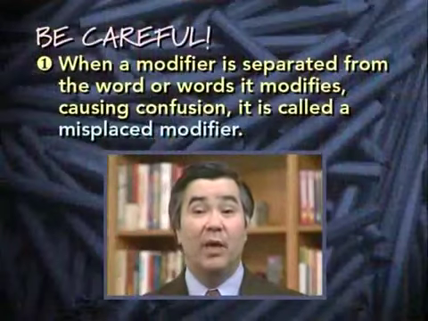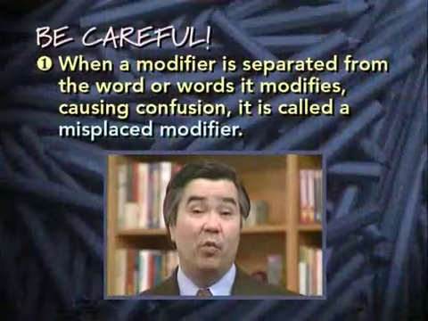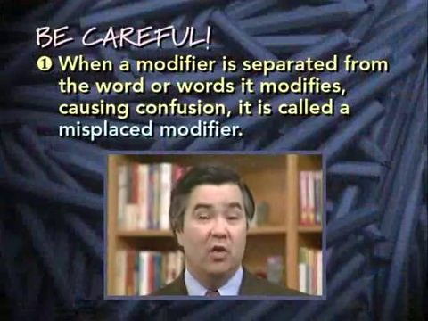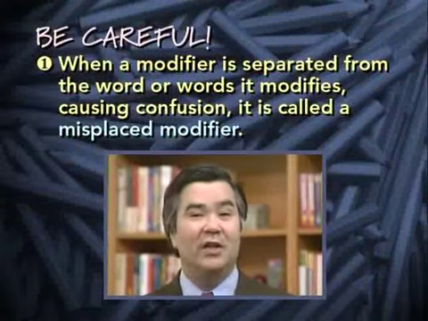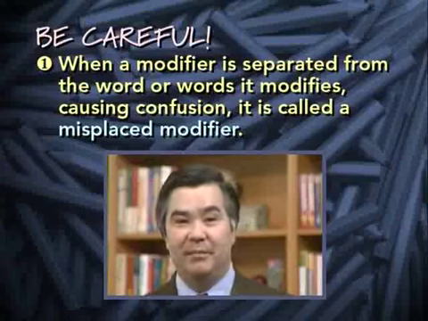Now, why does this pose problems for writing English sentences? It can create a problem if the modifying phrase or clause is not placed in the proper relationship to the rest of the sentence. And there are two basic problems to watch out for. Here they are. First, when a modifier is separated from the word or words it modifies, causing confusion, it is called a misplaced modifier.